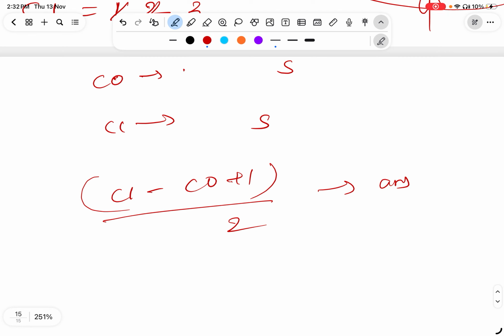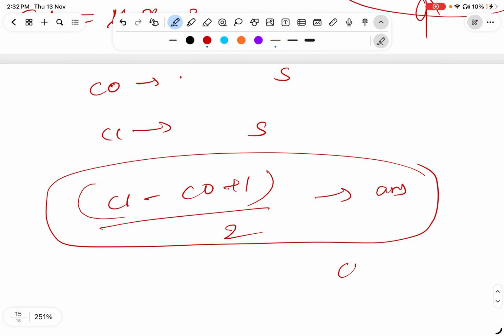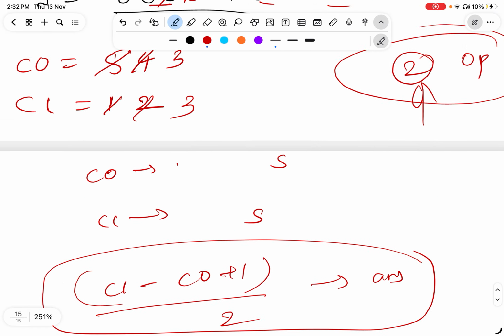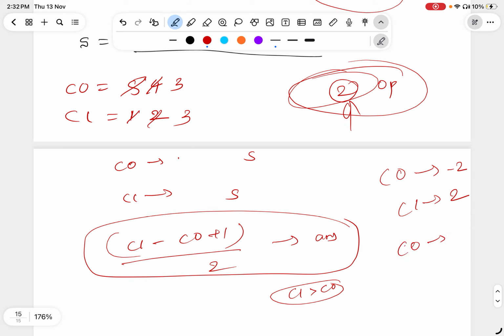This is the number of operations we need to perform to make C1 greater than or equal to C0, because every time there is a bit change, two values are getting changed: either C0 is decreasing by 2, or C1 is increasing by 2, or C0 is decreasing by 1 and C1 is increasing by 1.